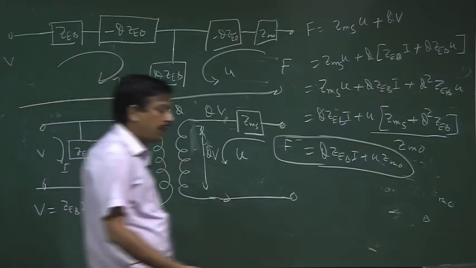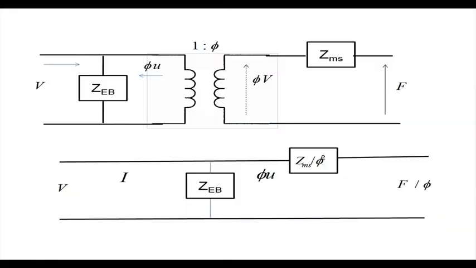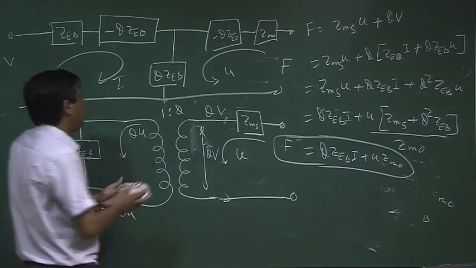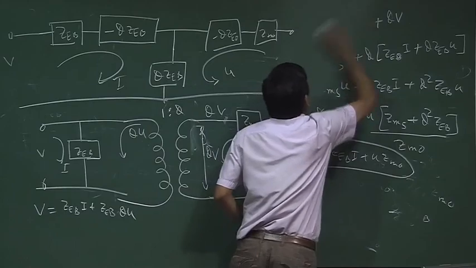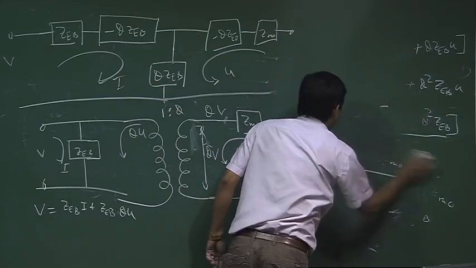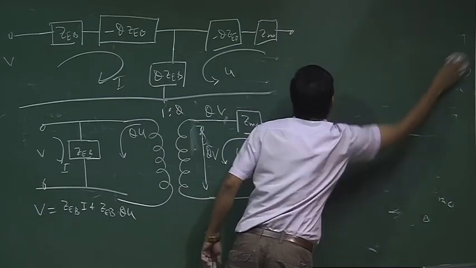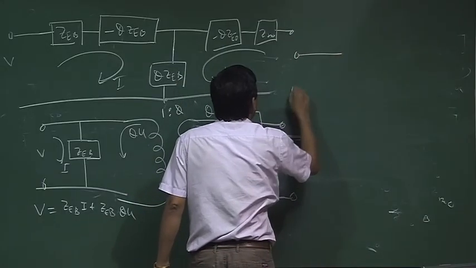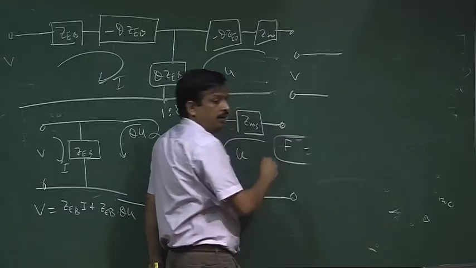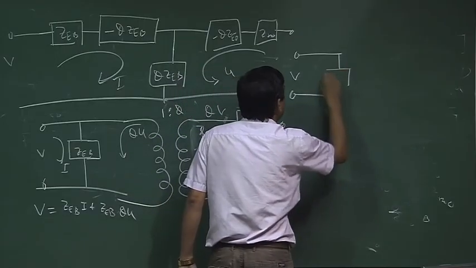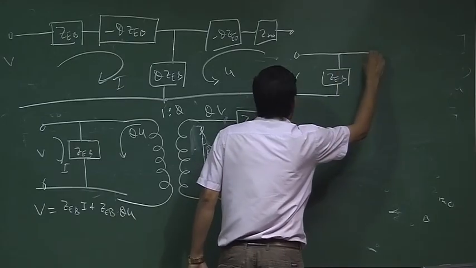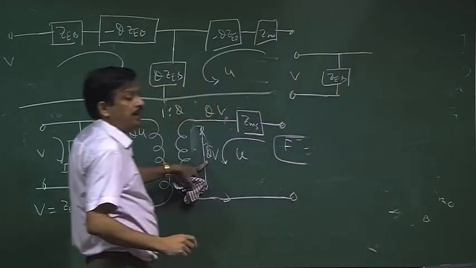Okay. So, further, I can say this phi is a transduction ratio. So, I can say this circuit can be simply, if I divide by the transduction ratio, apply the voltage V, and if I say this is the ZdB resistance on the electrical side, and this phi V is induced.